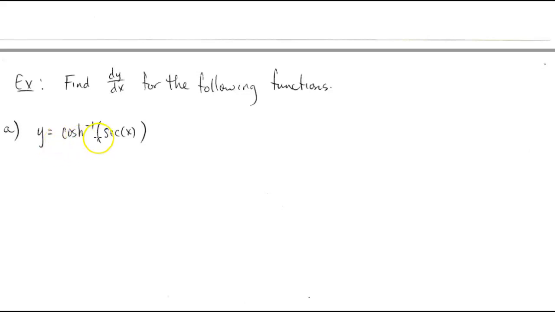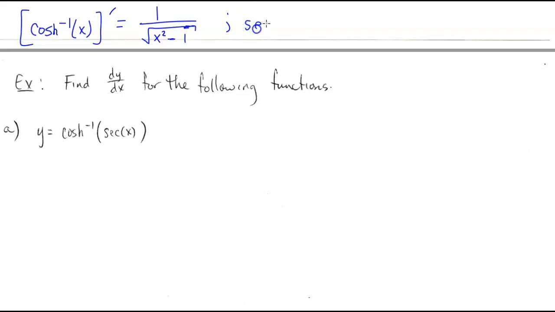Just like I did in an earlier video on examples like this, the first thing we're going to note is that if I take the derivative of cosh inverse, then that's going to be 1 over square root of x squared minus 1, okay, like that.